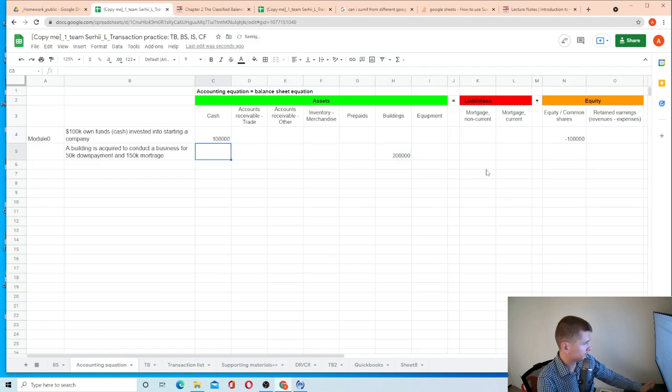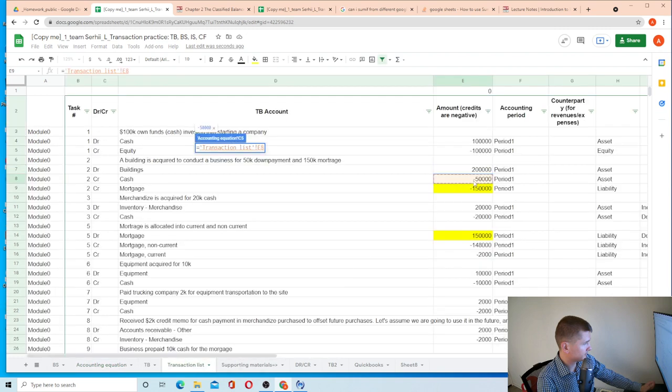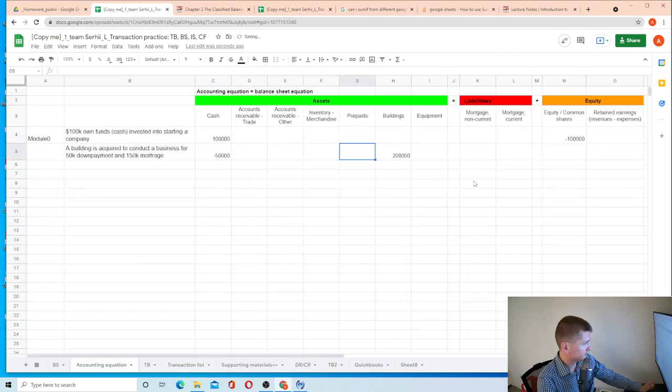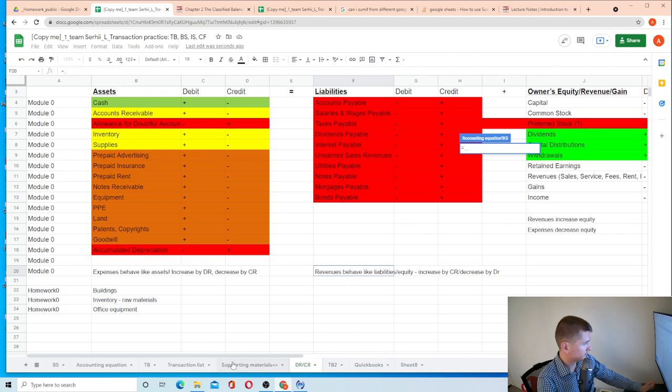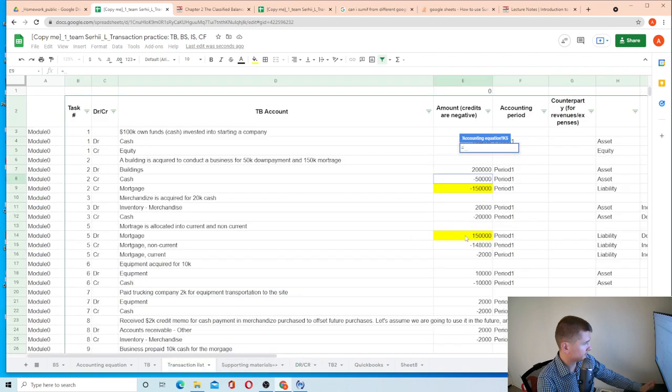We have impact on cash. Let's see where the cash is, minus 50k credit, and we have mortgage. Let me just put it in here, 150,000.